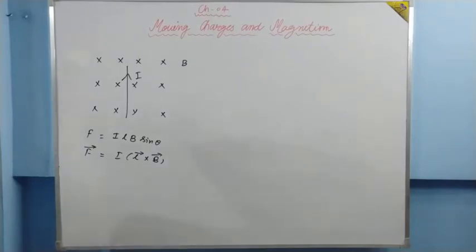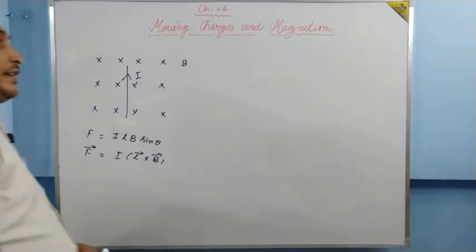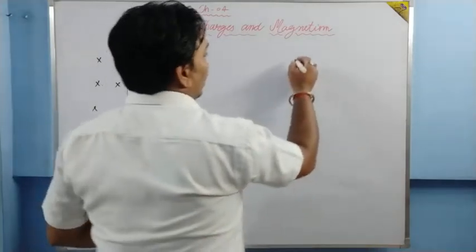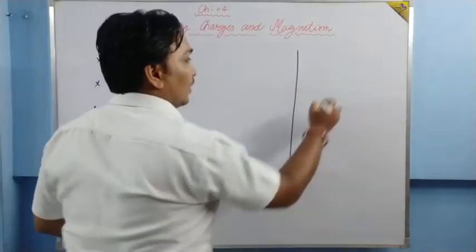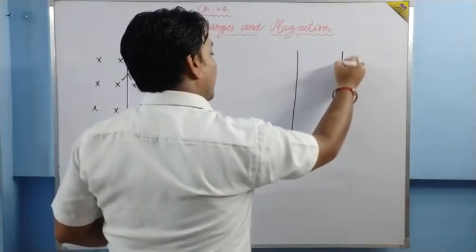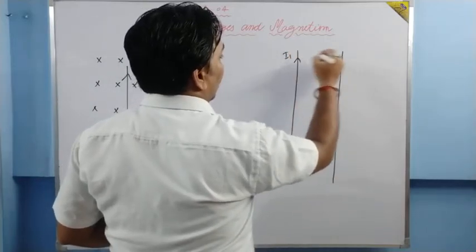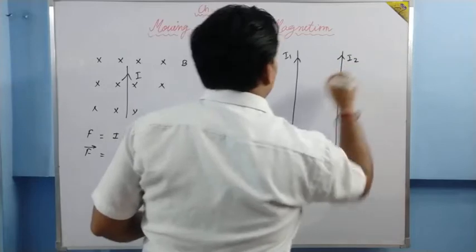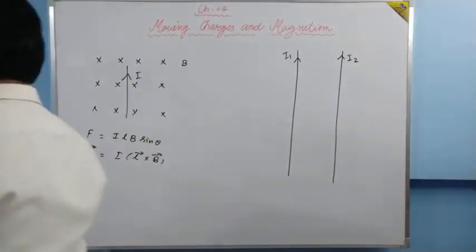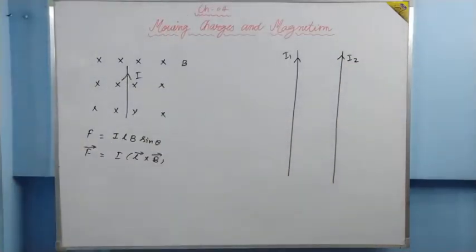Let us discuss, if two parallel wires are there, and they are carrying currents I1 and I2 in the same direction, then what will happen?